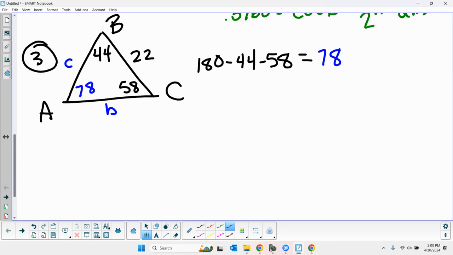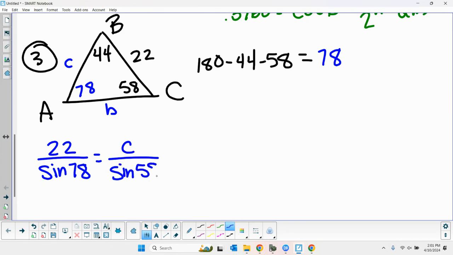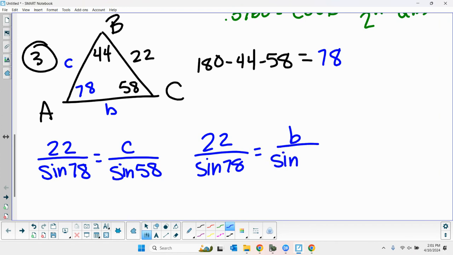So 22 over the sine of 78 equals C over the sine of 58. And 22 over the sine of 78 again equals B over the sine of 44.